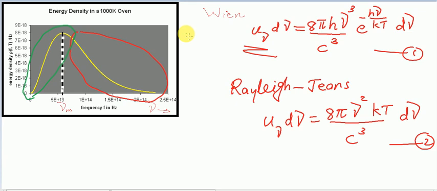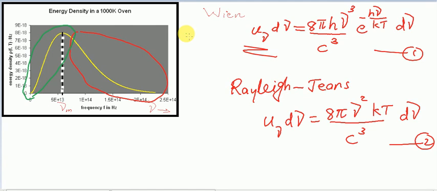So based on all these observations, he proposed a new hypothesis called the quantum hypothesis. It states that the emission or absorption of radiation takes place not in continuous mode, but in discrete units or quanta of energy.